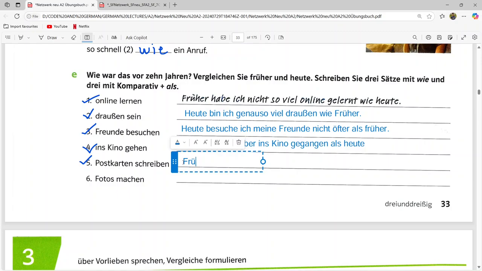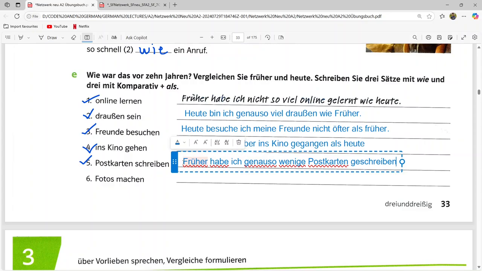Okay, so früher habe ich genauso wenige Postkarten geschrieben wie heute.